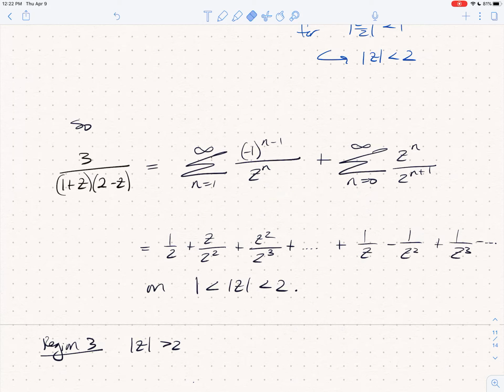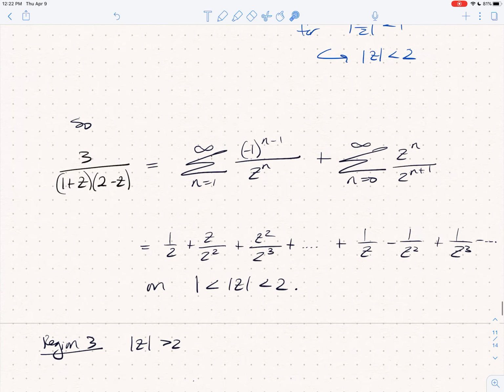So this one was actually valid for modulus of z bigger than 1. This one is valid for modulus of z less than 2. And when you put them together, you get exactly the region that we're on, right? The combination is valid on the intersection of those two things. And so that's the Laurent series expansion for region 2.